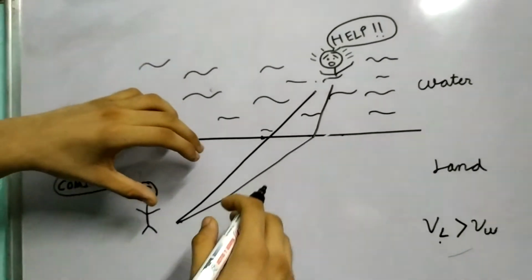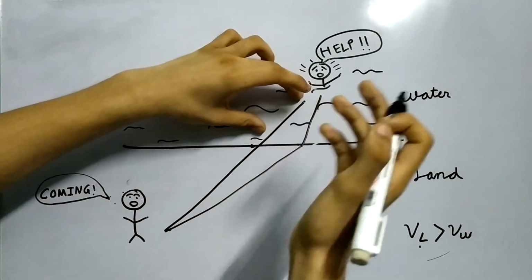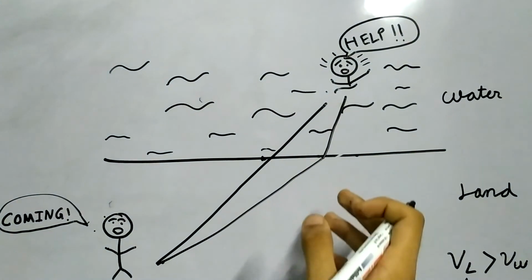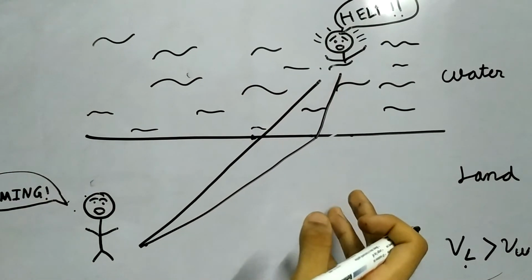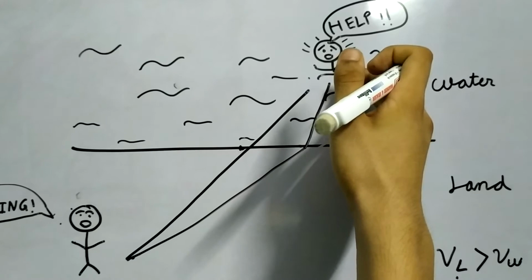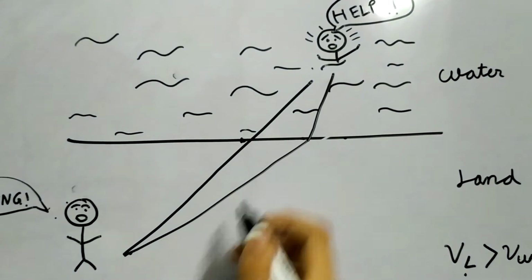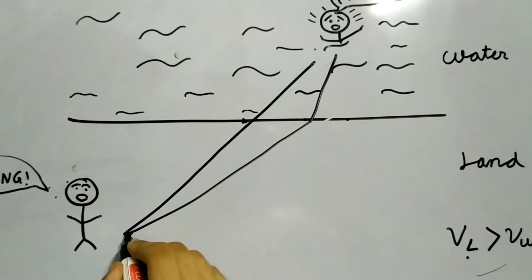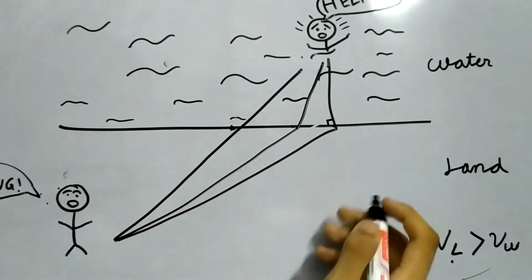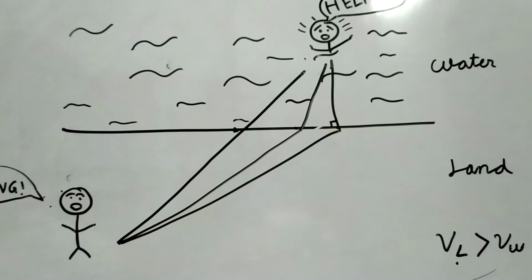See, if you are traveling a lot longer in water, then obviously you will reach the guy much slower. Another thing you can do is go like this and then go something like that. Now which path should you prefer?